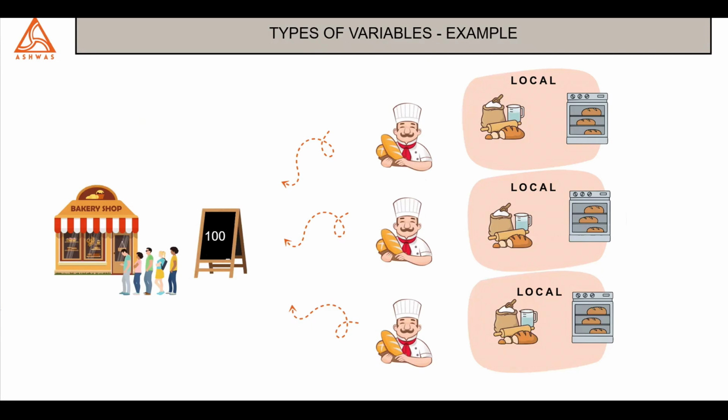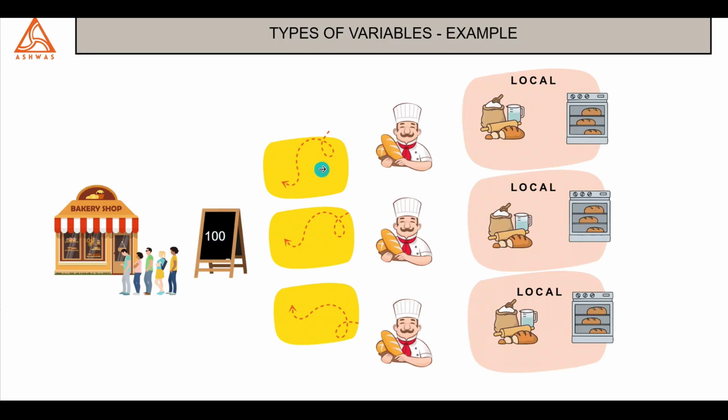So when we say instance variables, we are talking about the object variables, the variables that are present in every object. So let's say number of loaves baked. This count is present with every baker, and every baker modifies his own copy of this count, which is then written on the board.